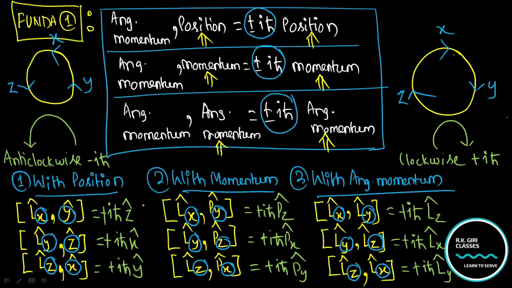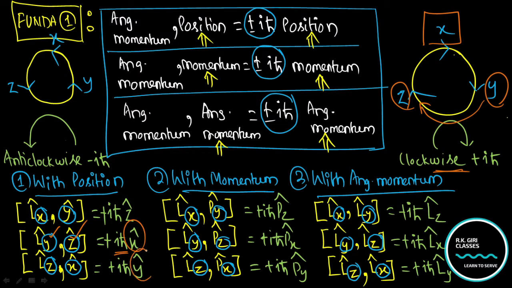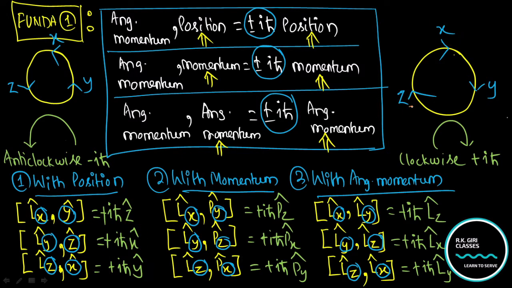Clear this point? Now coming to the next point, starting with y and revolving towards z, the rest part is your x, and since you are revolving in a clockwise manner, that's why plus iħ. Similarly, this is z, x: starting with z and reaching towards x, the final outcome will be y, and since this is clockwise, you put plus iħ.